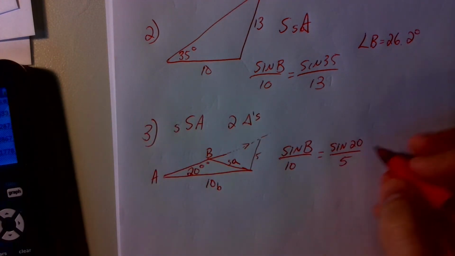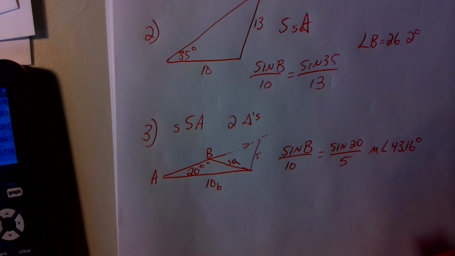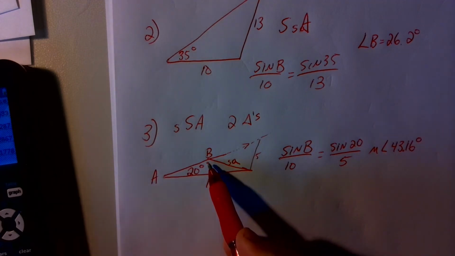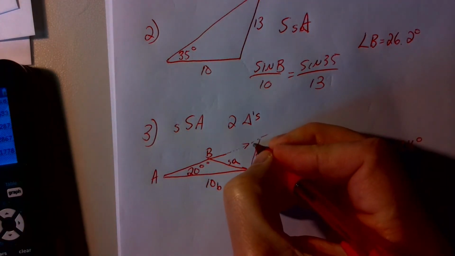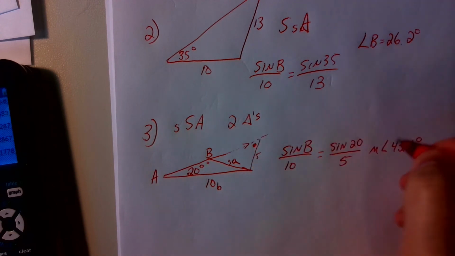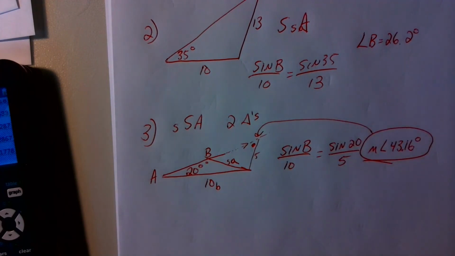And you're like, if the measure of that angle is 43.16 degrees, and I was trying to find this one right here, that obviously doesn't make any sense. So what must have happened is I must have found this one right up in here instead, because that's the only one that makes sense for 43.16 degrees. Is that logical? Everybody make sure that that's good.